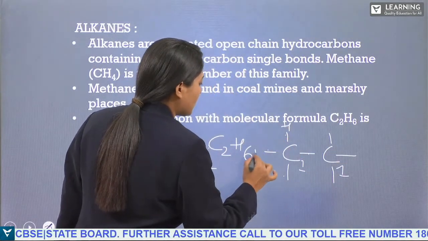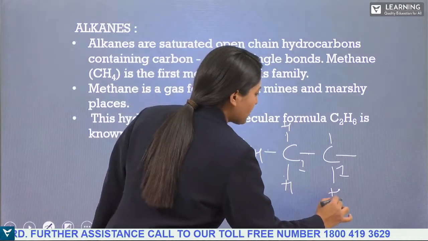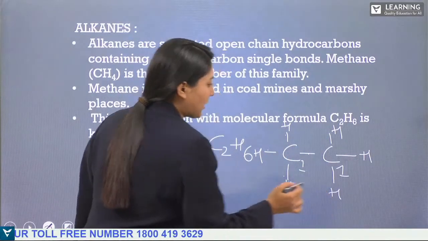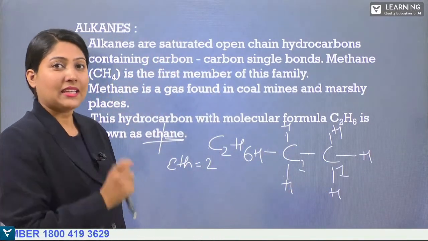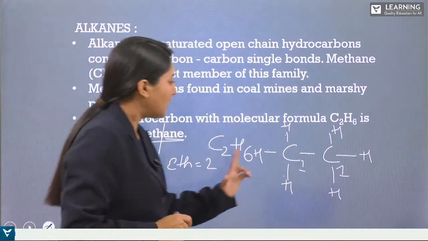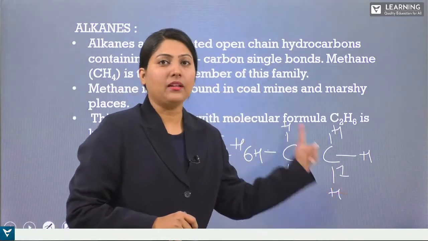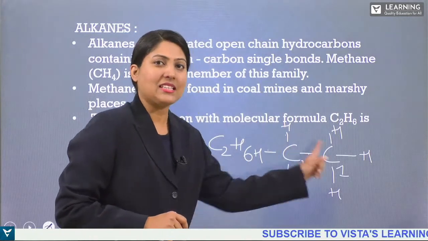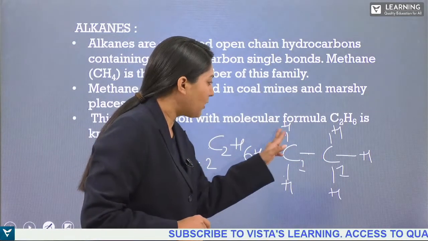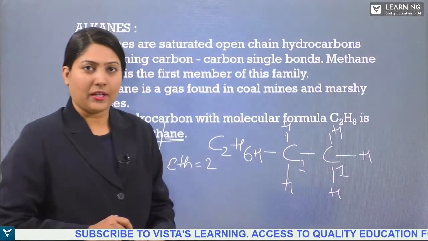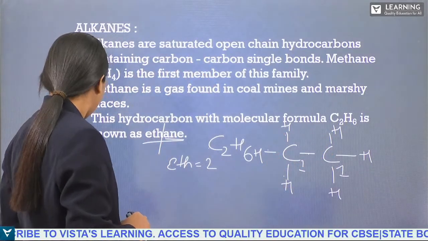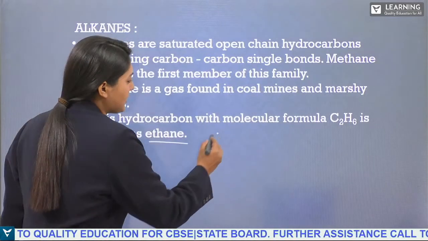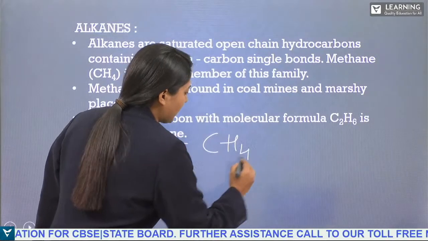So we have hydrogen here. How many hydrogens will be for a single carbon atom? 1, 2, 3, 1, 2, 3. Each carbon will have 3 hydrogens because it will be bound with the other carbon with a single bond. So totally 4 bonds for each carbon atom, and 3 hydrogens are linked accordingly. Got it? So this will be called ethane.